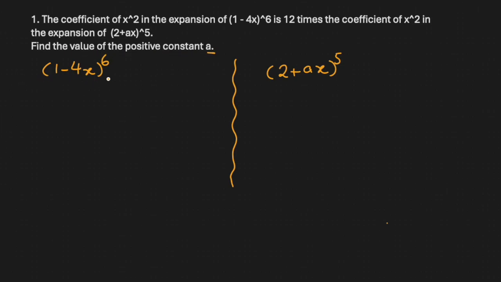So we'll focus only on x square, because they're saying x square here and x square here. If I say x square, I will get x square because of this (4x) squared. That means of the 6, there are 2, and the remaining 4 will be with 1.